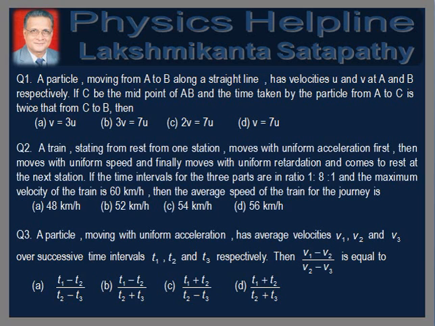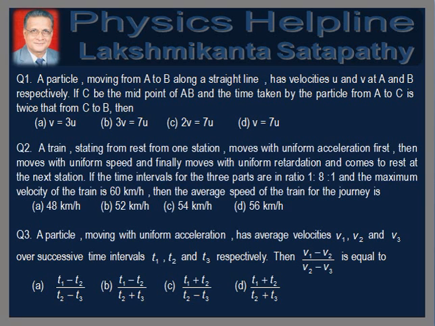Question 2. A train starting from rest from one station moves with uniform acceleration first, then moves with uniform speed and finally moves with uniform retardation and comes to rest at the next station.